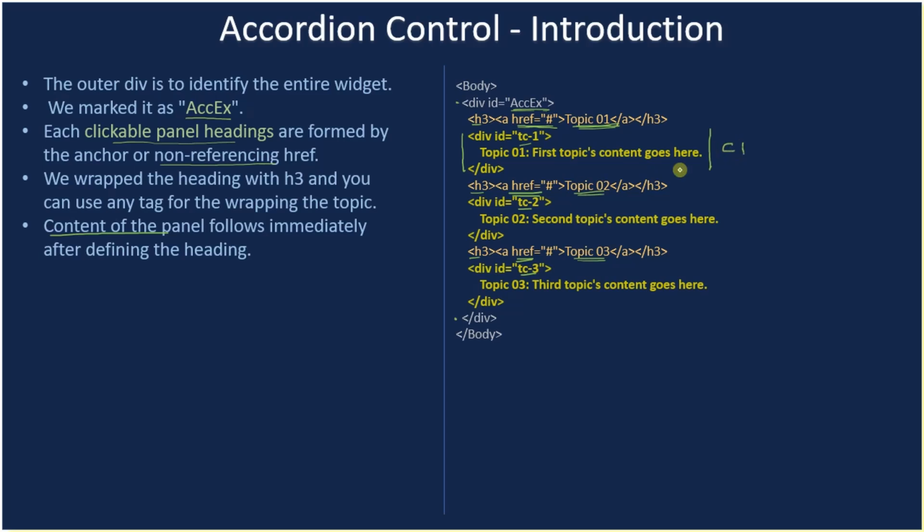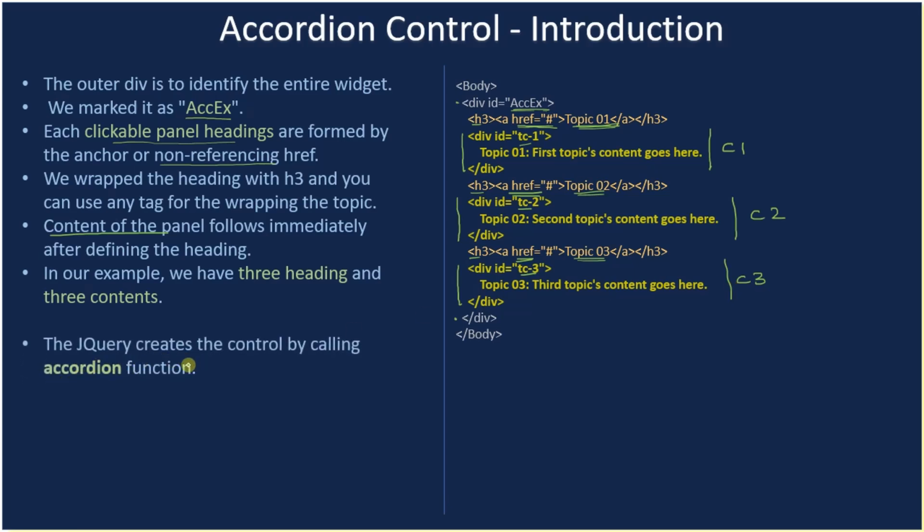This is content 1. Here it is content 2. This is content 3. And if you see, all this content follows immediately after the topic. In our example, we have 3 headings and 3 contents.